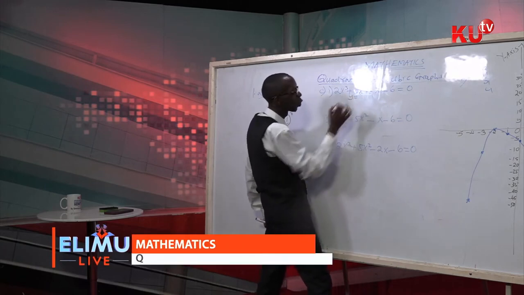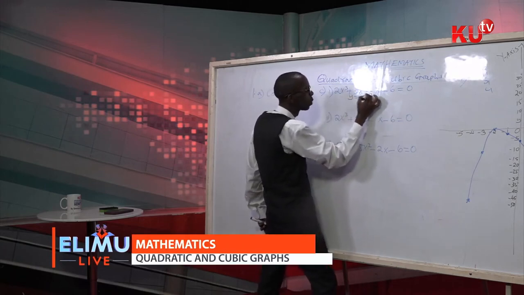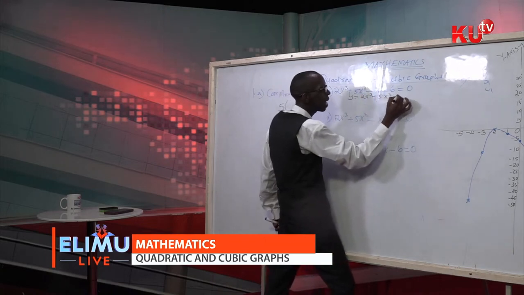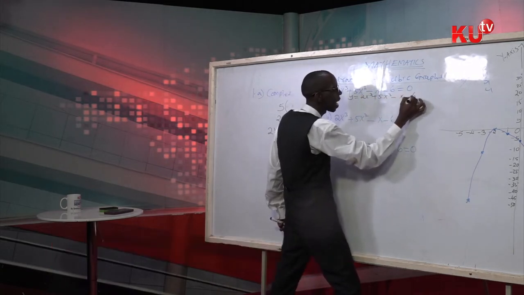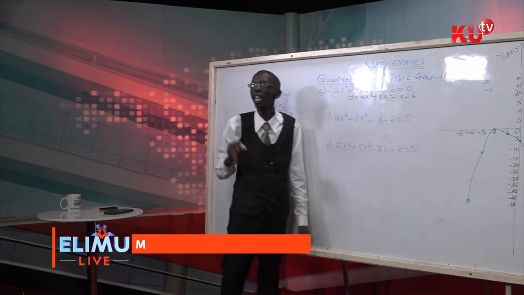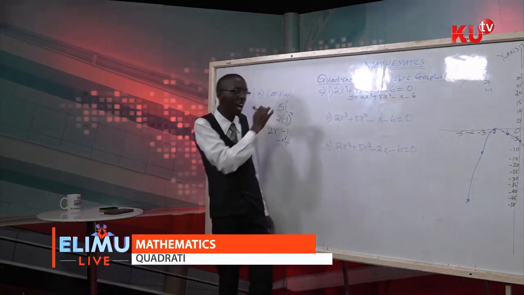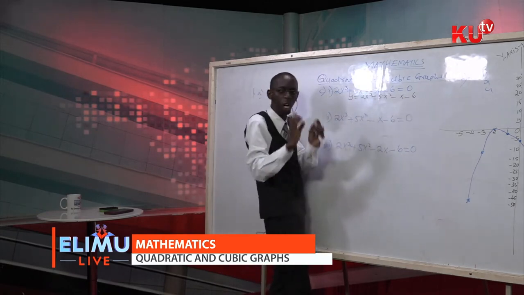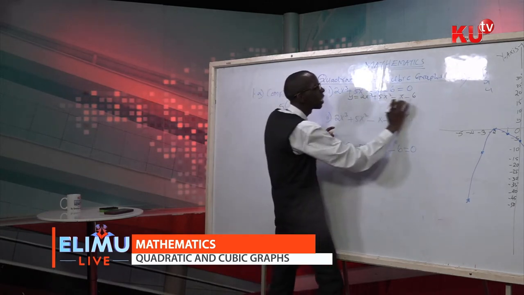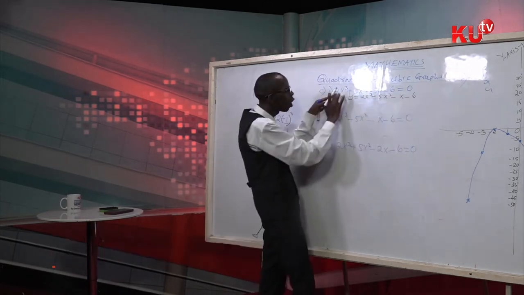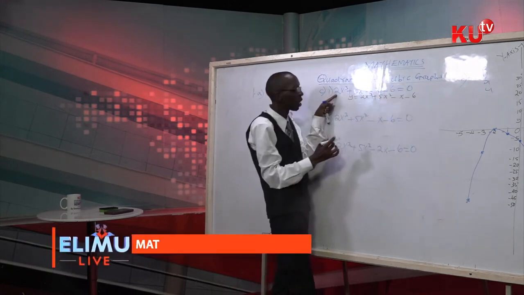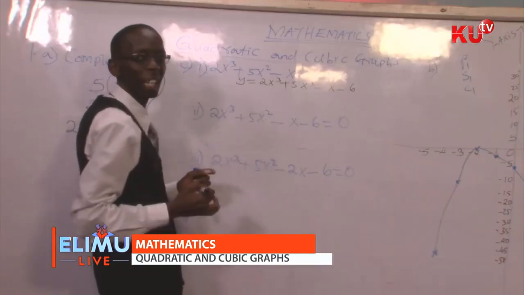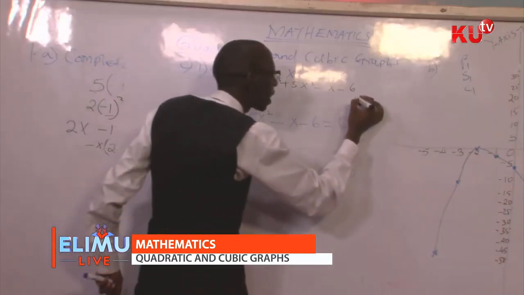The equation of the graph is y is equal to 2x cubed plus 5x squared minus x minus 6. And you are using the graph that you drew using this equation to solve this equation.